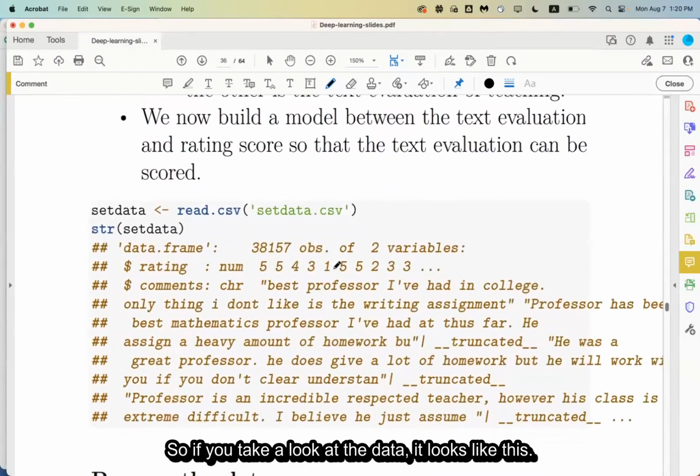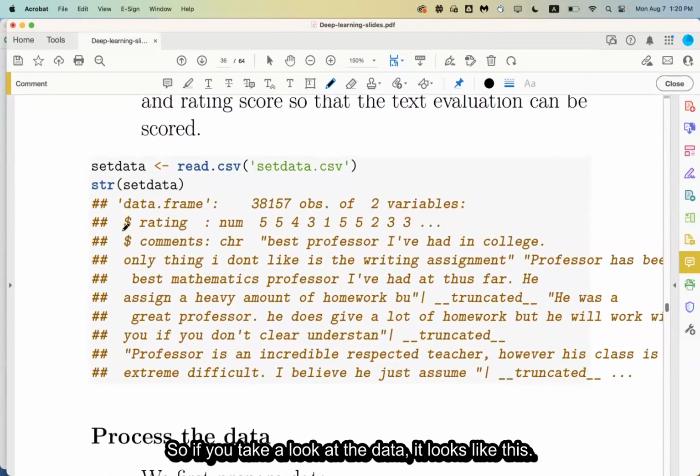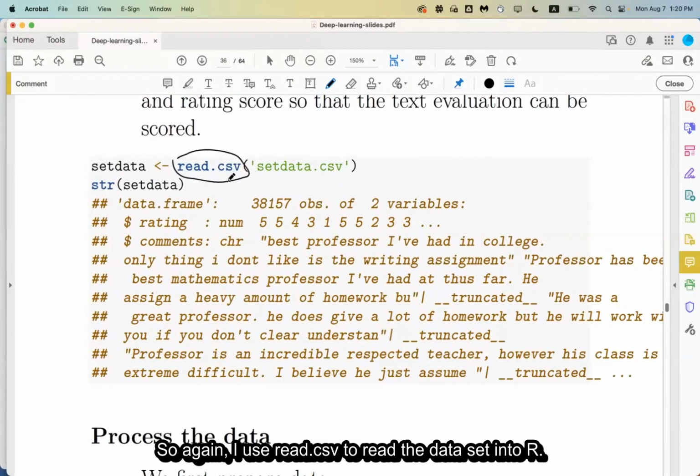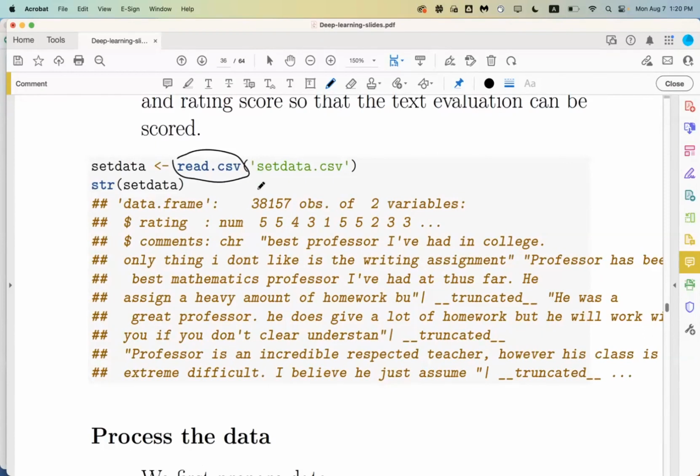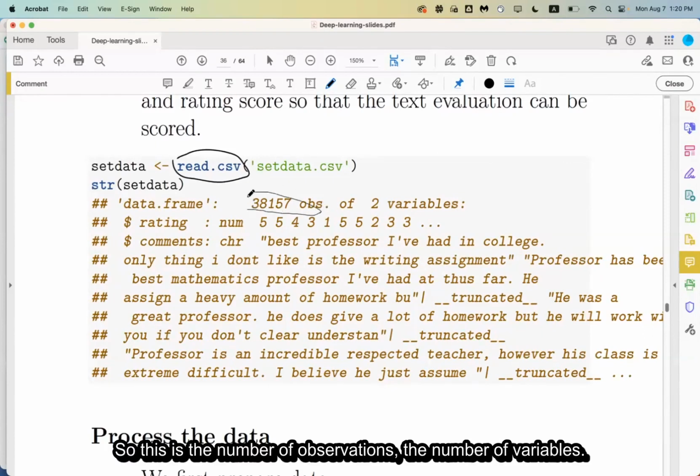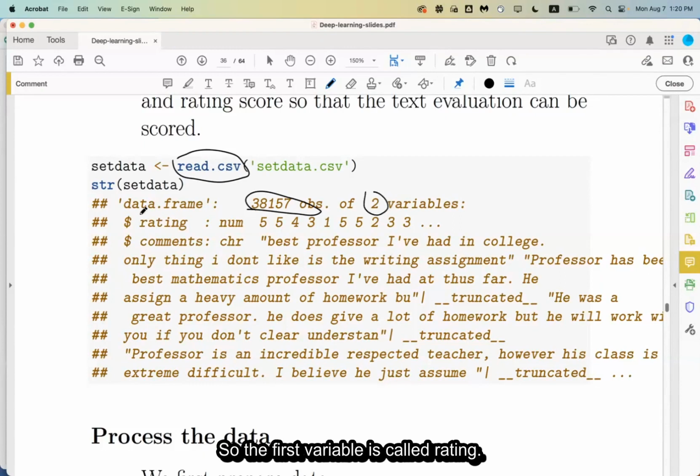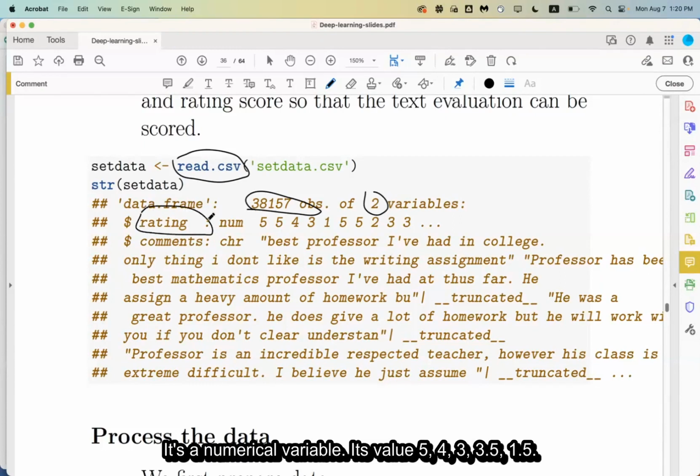So if you take a look at the data, it looks like this. Again, I use read.csv to read the data set into R. So this is the number of observations, number of variables. The first variable is called rating. It's a numerical variable. It has values 5, 4, 3.5, 1.5.